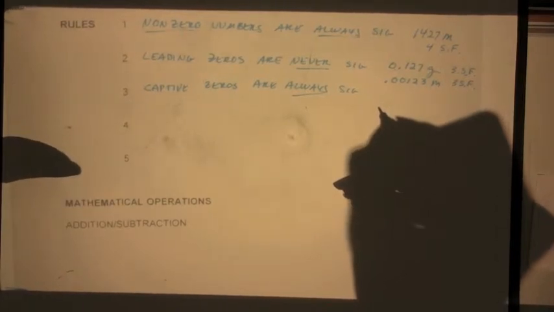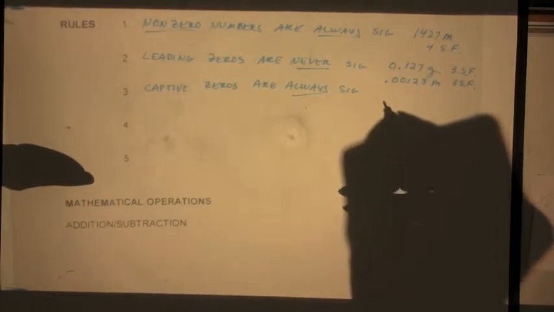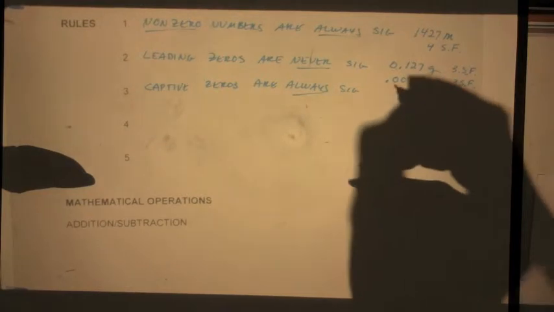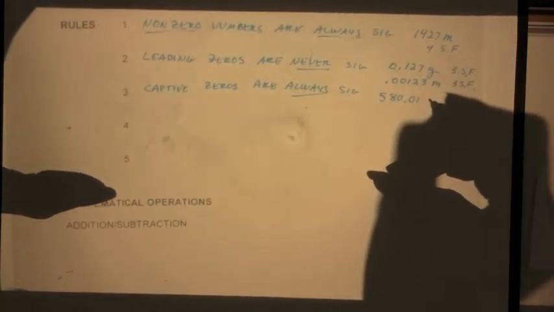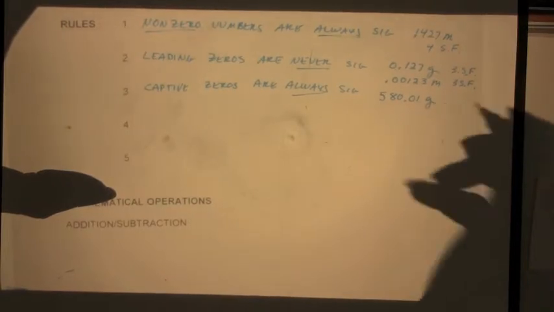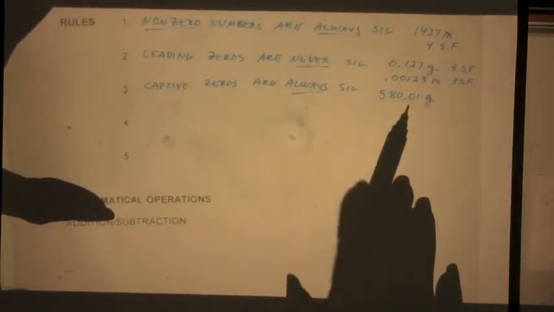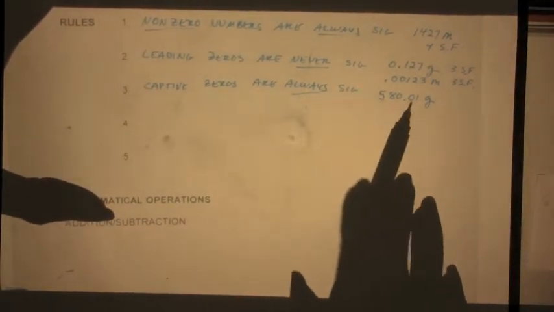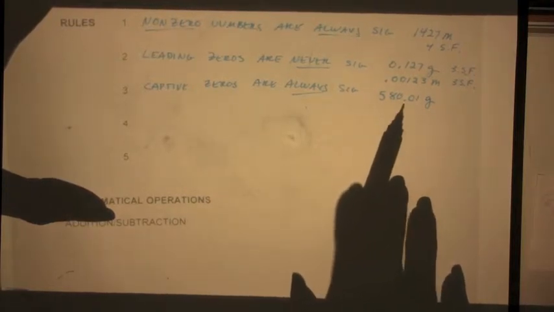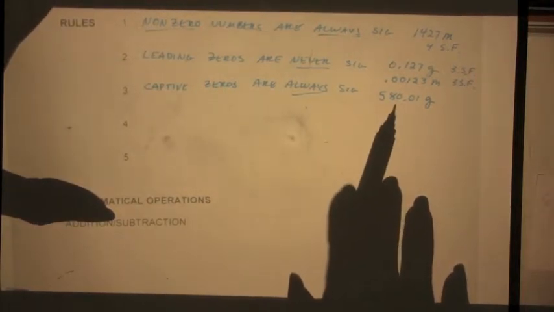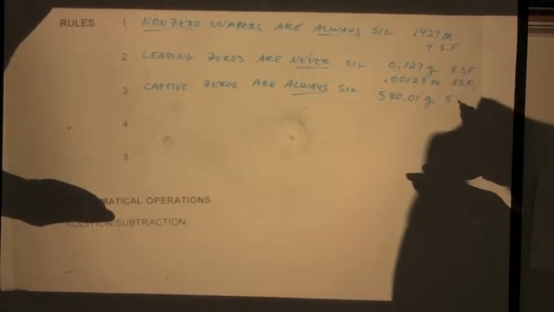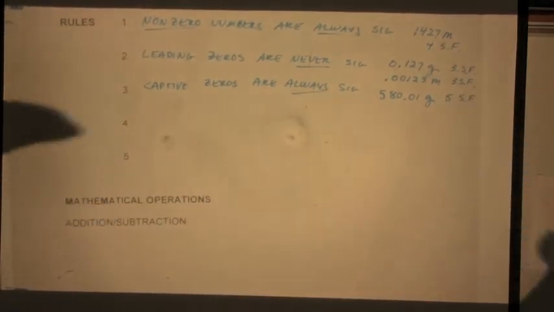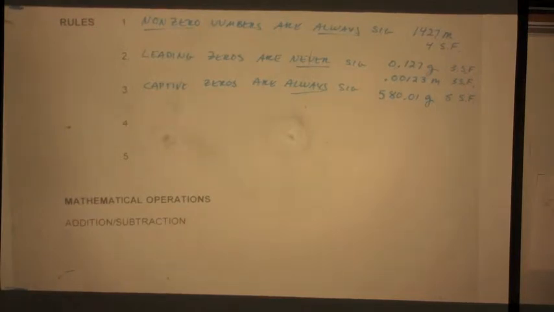So for example, if I had 580.01, we'll use grams. These are captive zeros. They are in between non-zero numbers. They are always counted as being significant. So we have 1, 2, 3, 4, 5 sig figs represented by the measuring device for this particular measurement.